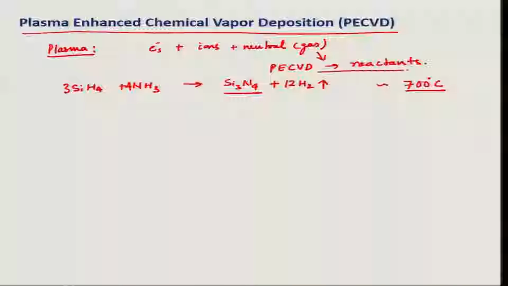However, when you use a plasma, now in plasma you will have silane and ammonia gas species, and you will create a plasma of these two. Okay. During the creation of plasma, these bonds will be broken, in ammonia between nitrogen and hydrogen, very easily, because energy is provided by the electrons.